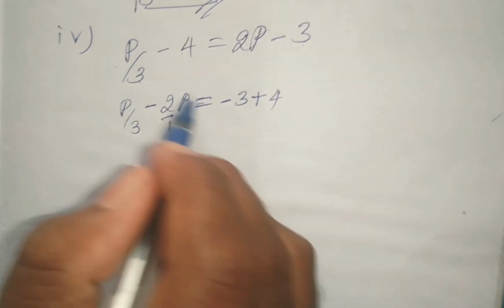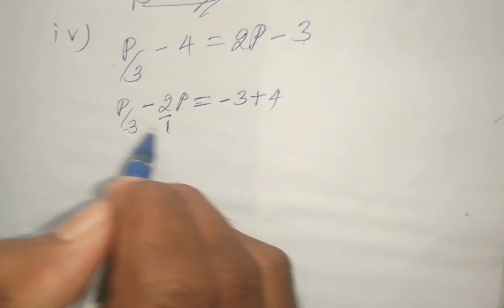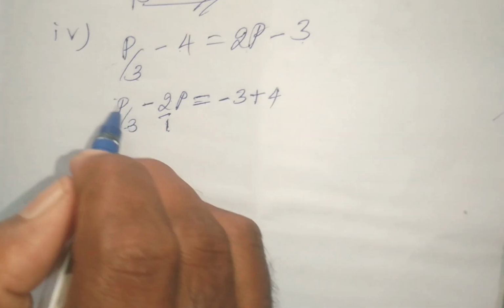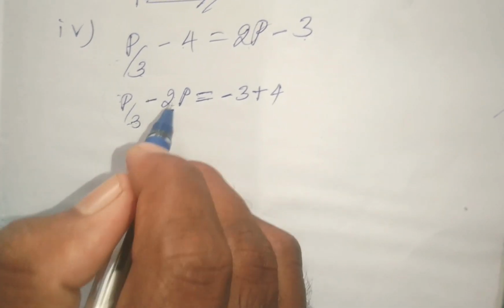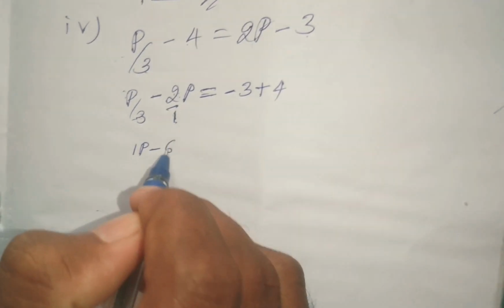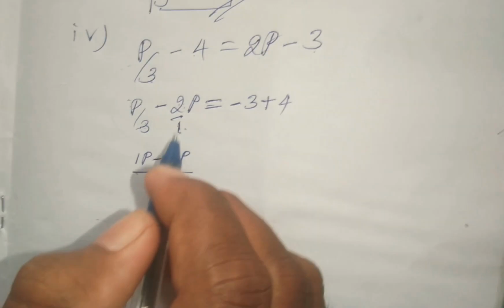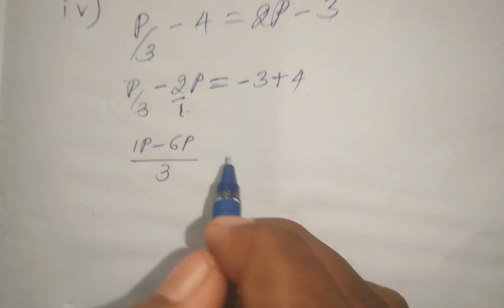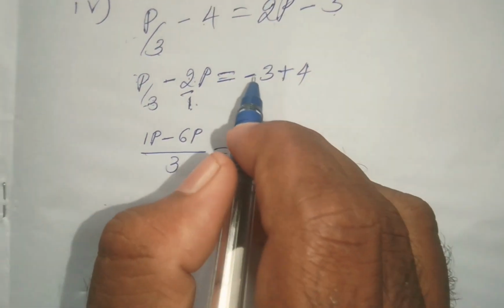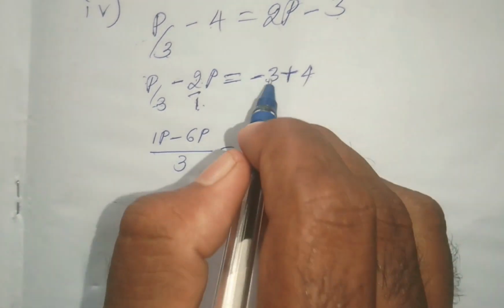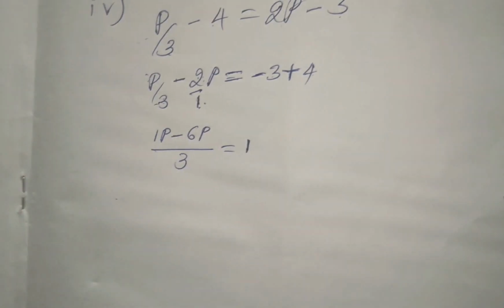So we have to take LCM to make the denominator the same, or else cross multiplication. 1 is multiplied here, 1p, and 3 is multiplied here, 3 2s are 6p upon 3 1s are 3. Now that is equal to, see here minus 3 is there, here plus 4 is there, 4 minus 3, 1.